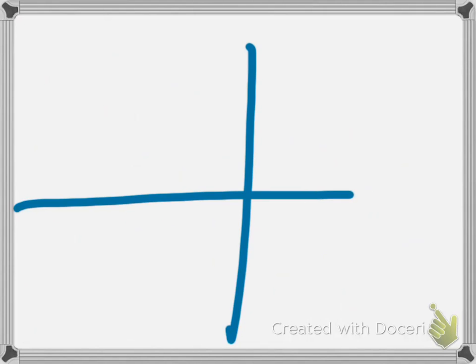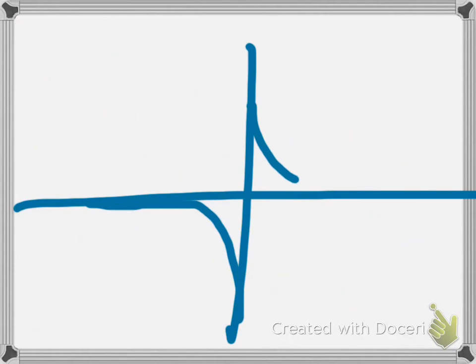All you have to do is press y equals, and you add in 1 over x, and it will give you your problem. Based on my calculator, it will give you something like this, which gives us our graph for the transforming rational parent function.